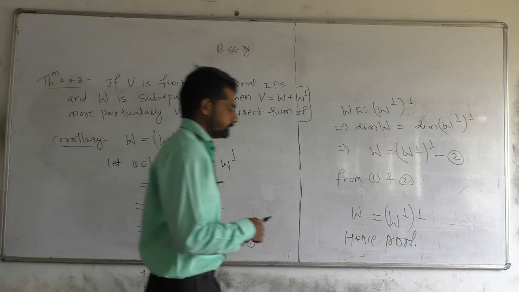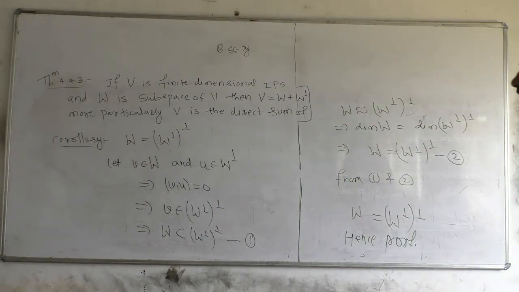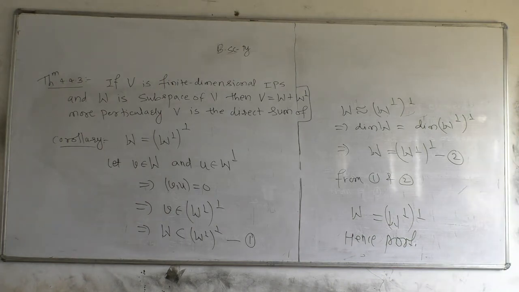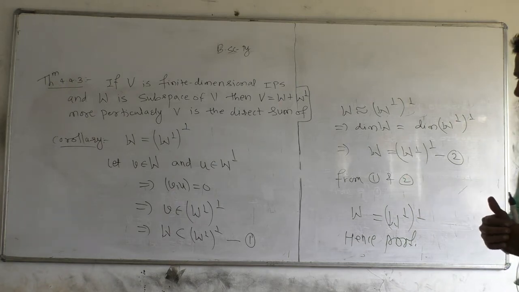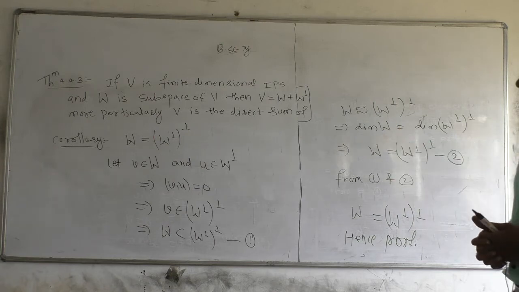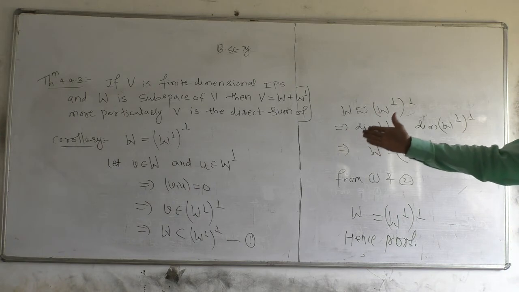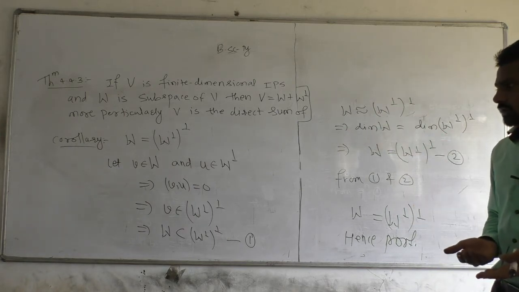So understand how to prove this. We have to prove that if W is a subspace of an inner product space V, then W is equal to the orthogonal complement of W and its orthogonal. So we take any element V of W and U belongs to the orthogonal complement of W. If U belongs to the orthogonal complement of W, then the inner product of U with V must be 0.